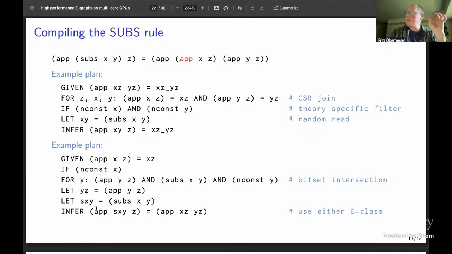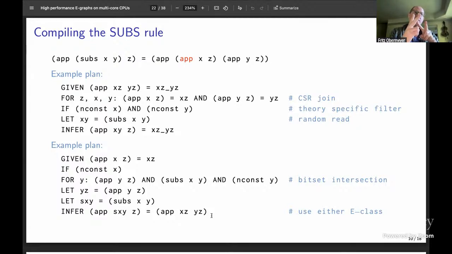And then at the very end, there's this kind of fused operation for the inference rule here. So usually the conclusion of a tactic is to create an E node or an E class in an E node, right? This one says that it's kind of a fused operation that says, does this E node exist and does this E node exist? If they both exist, it checks their E classes, right?